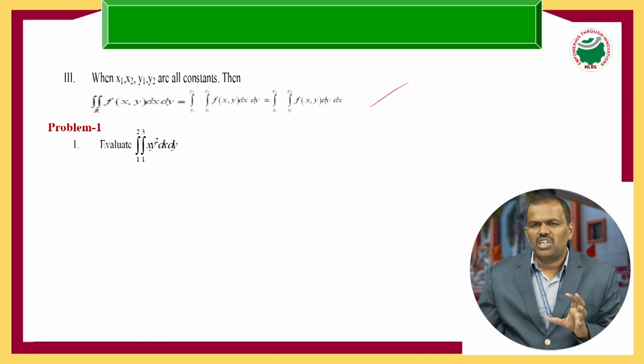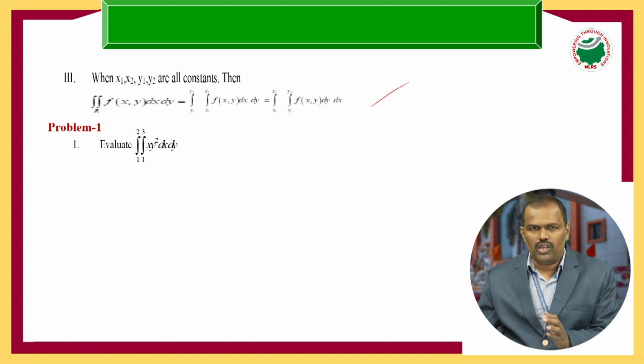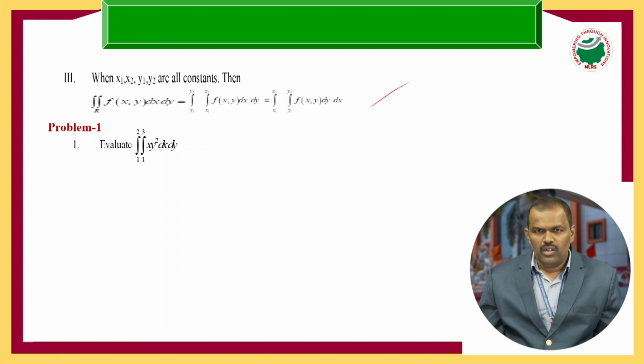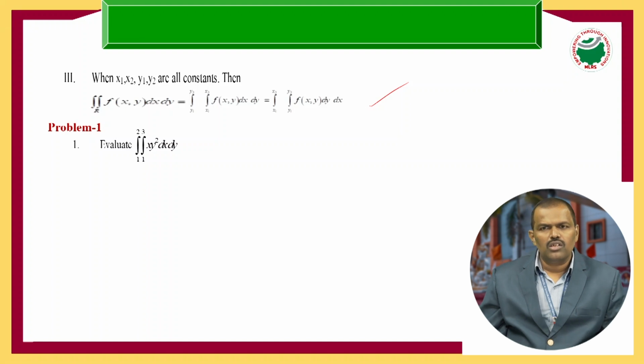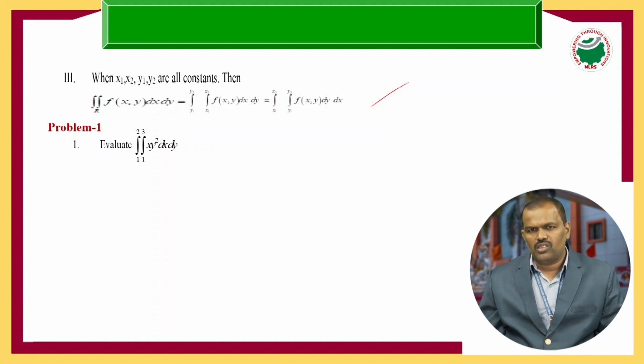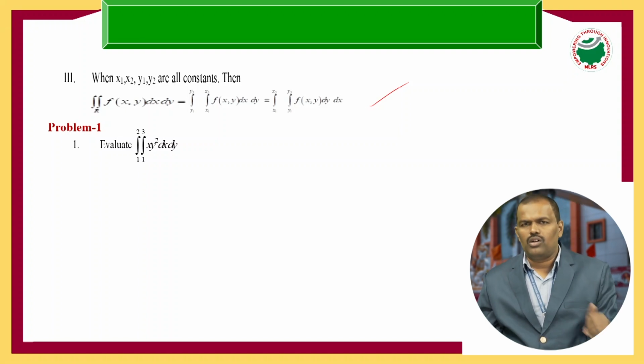Double integral is used when the function has two variables, that is x and y. In that case, we have to apply the double integral, and we integrate in three ways. The first way is y in terms of x and x constants. Second way is x in terms of y and y constants.